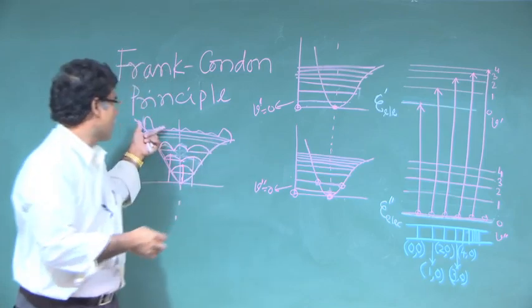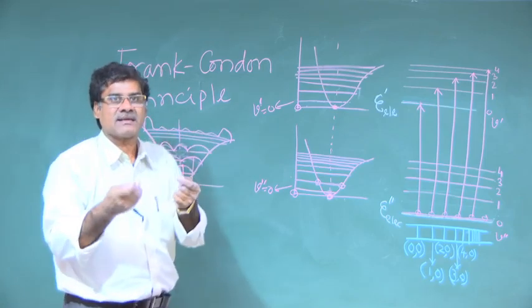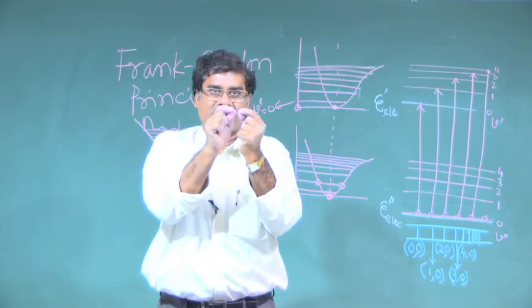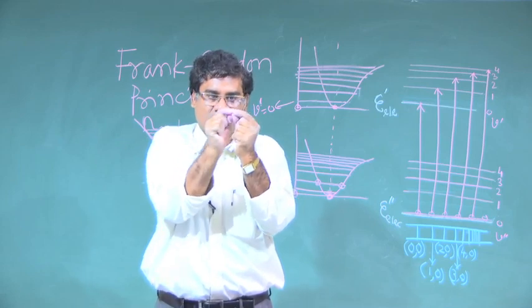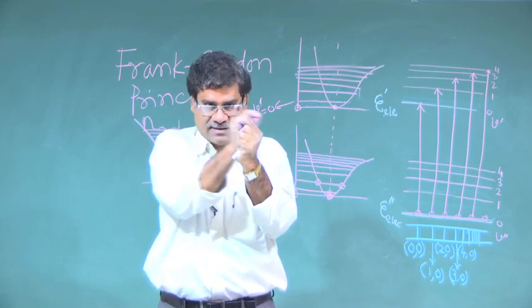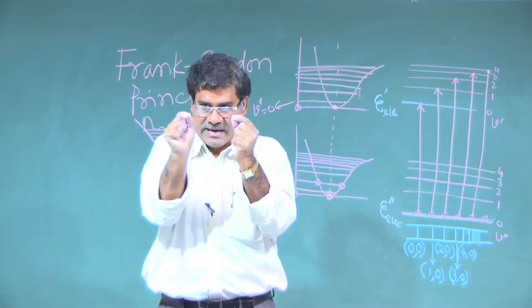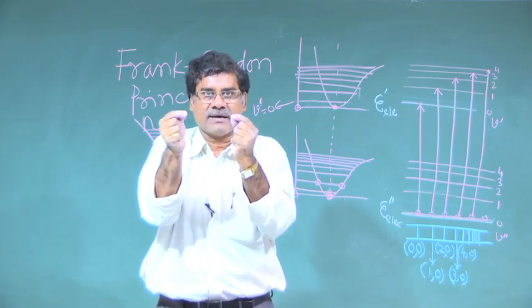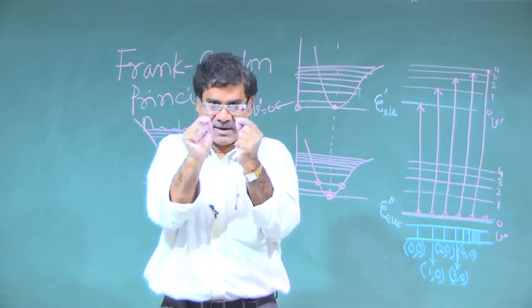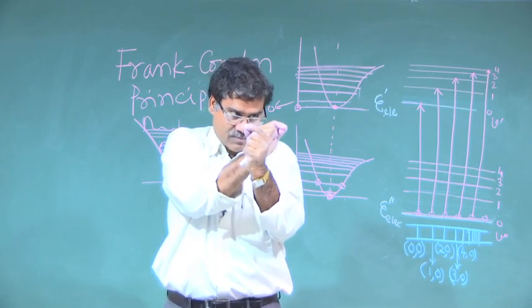From quantum mechanics you can say it like this, and classically you can say that it is oscillating, vibrating, right? At the turning point it will spend more time, because it goes and then comes back.